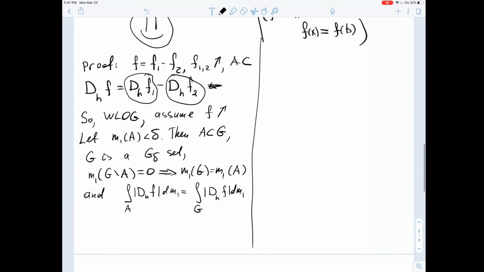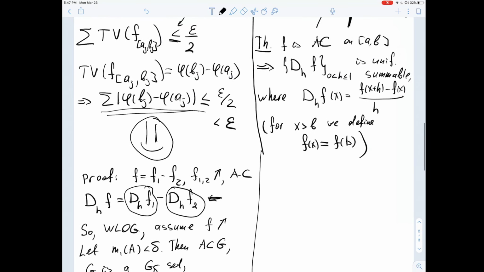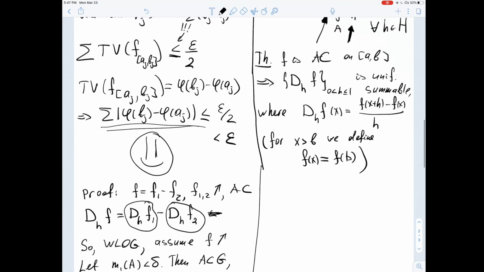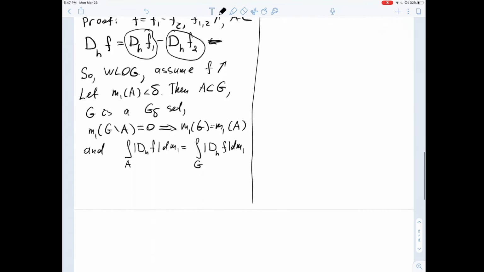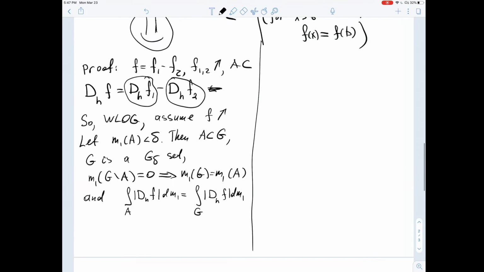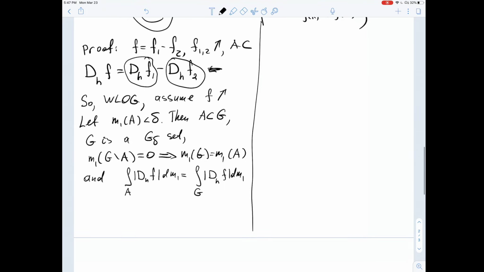So in fact, in the definition of uniform summability, we can only consider A to be a G delta set. Now, furthermore, we know that G is G delta, so it's the intersection of a decreasing sequence of open sets.